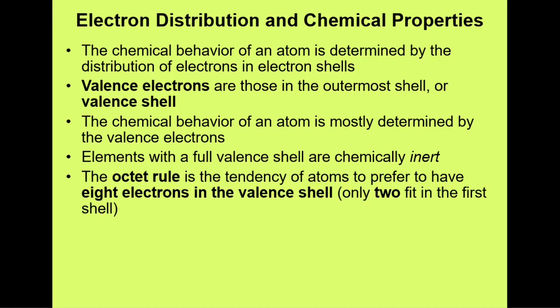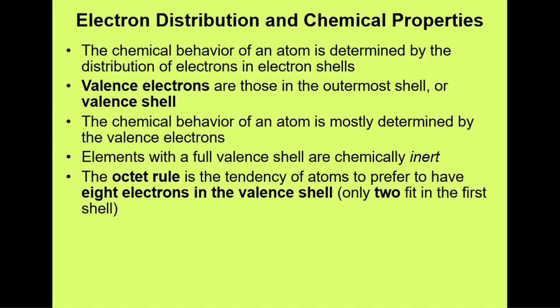But what about those atoms with incomplete valence shells then? Well, first we need to talk about something called the octet rule. And this is referring to how electrons are arranged and organized into shells or energy levels around the nucleus. So the octet rule is the tendency of atoms to prefer to have 8 electrons in the valence shell.